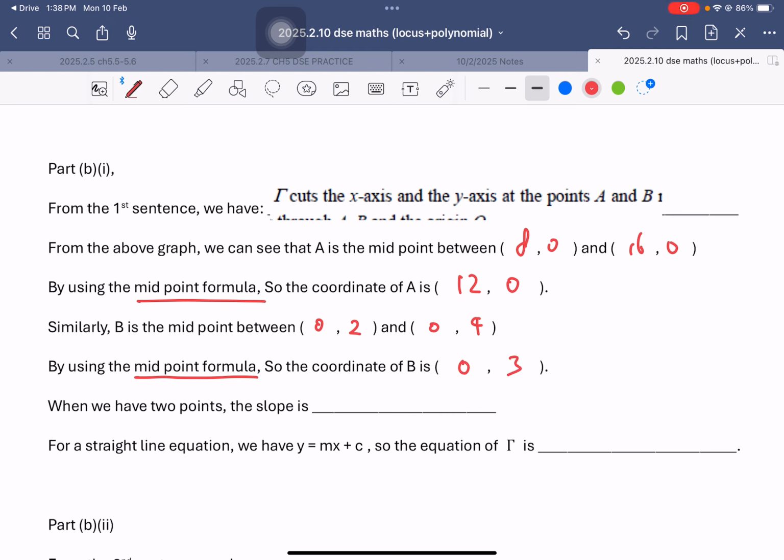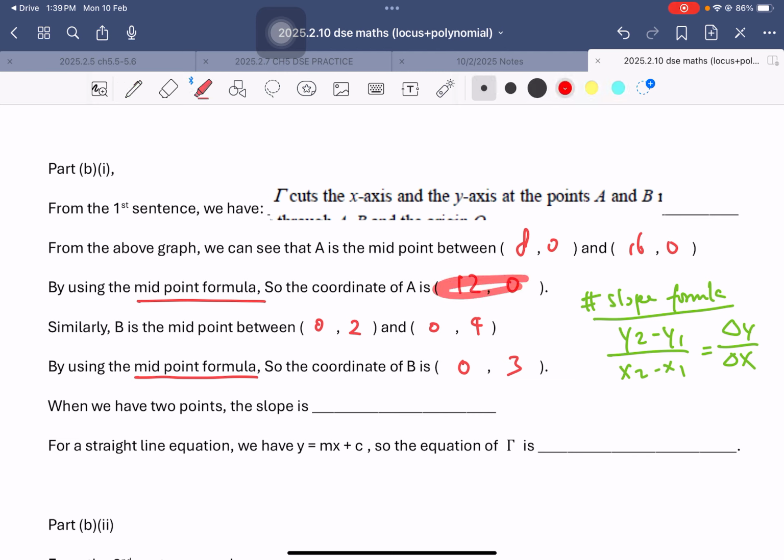So if we have 2 points, how do you calculate the slope? What is the slope formula? The change of y divided by the change of x, y2 minus y1 over x2 minus x1, isn't it? Okay? So now we have these 2 points that the torque passes through.